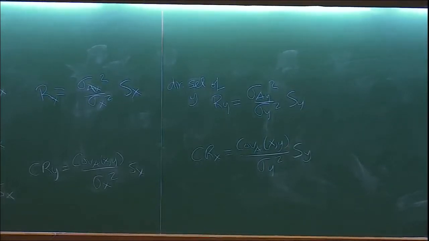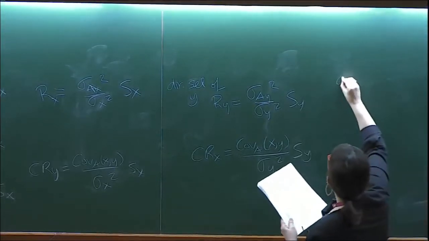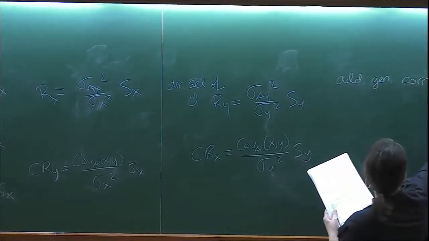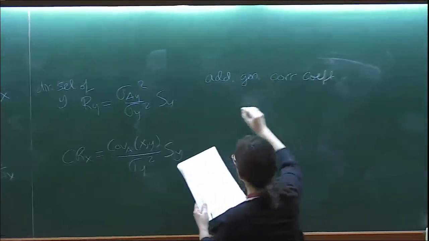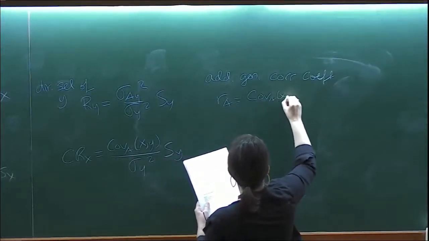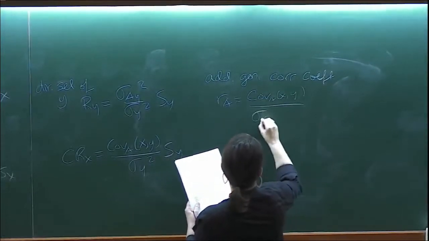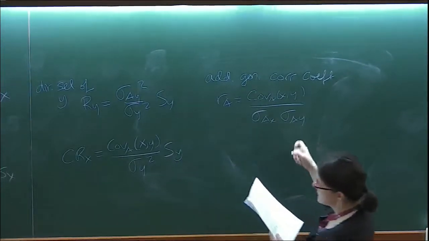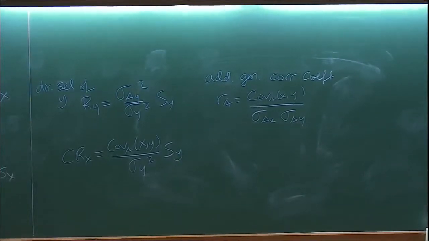And in the same way that we defined a correlation coefficient for phenotype, we can define an additive genetic correlation coefficient. These are the square roots of the additive genetic covariances.